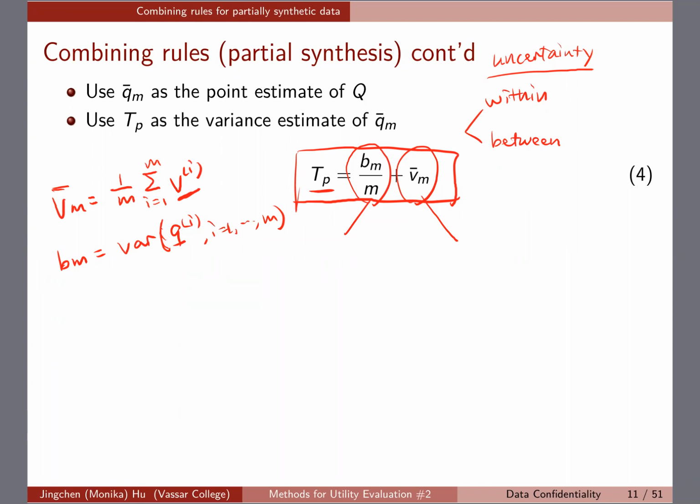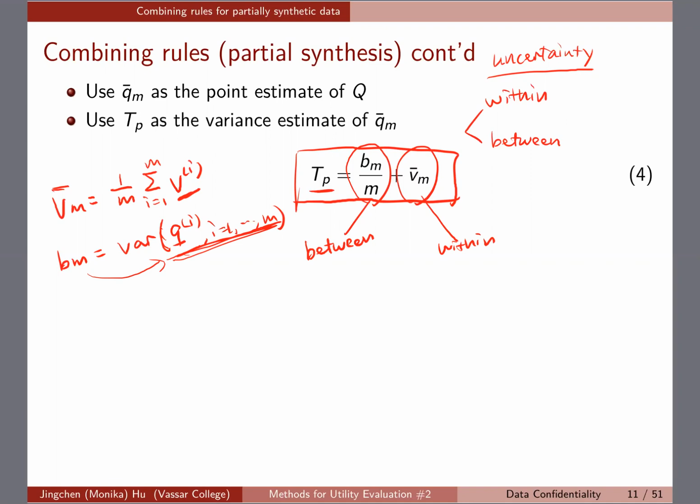And we take the average to get V bar M. BM, we know that we get the QI, the point estimate for each synthetic data set first, and then we take the variance across them. So this one is looking across, between synthetic data sets, and we take the variance. So I would say this is between, and this is within.